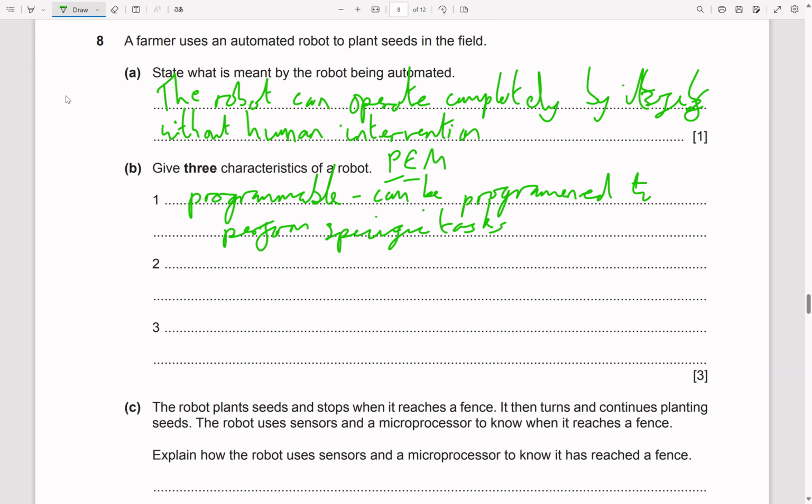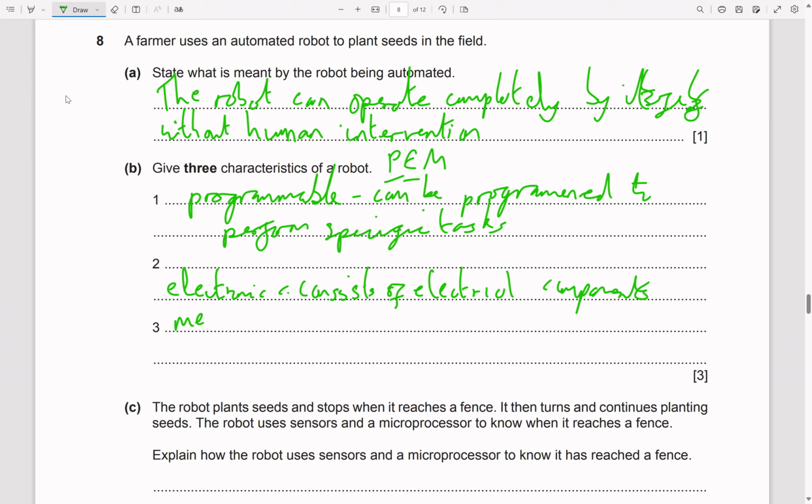E is going to be electronic, so it consists of electrical components.